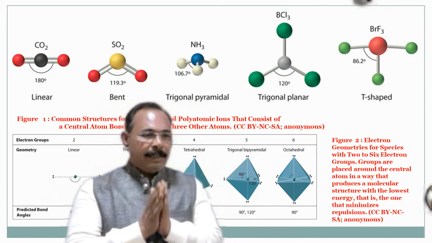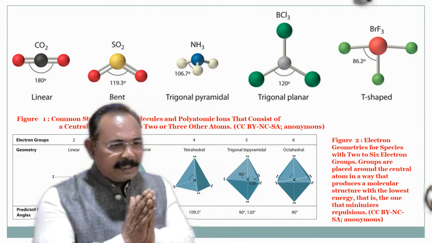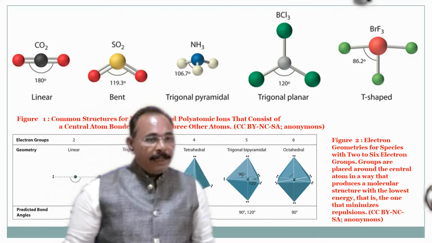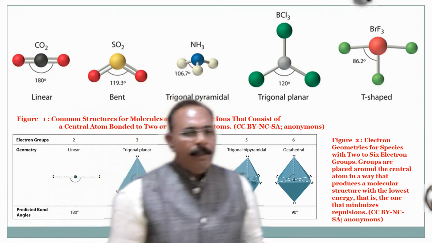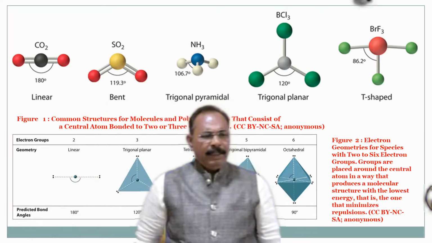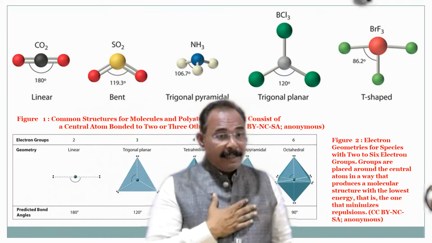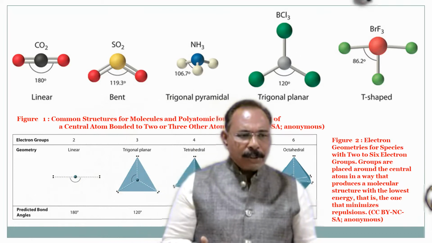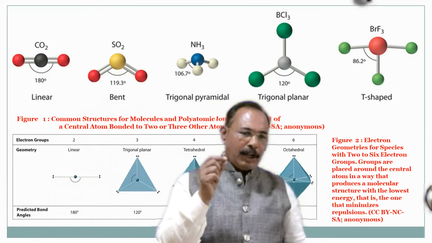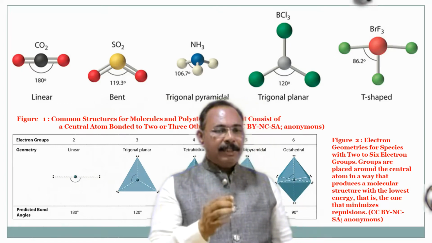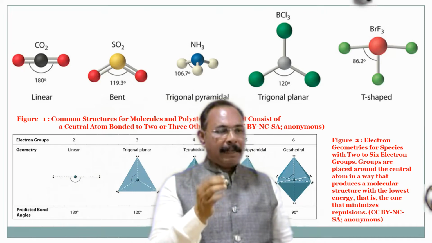However, the simple VSEPR counting procedure accurately predicts the three-dimensional structures of a large number of compounds which cannot be predicted using the Lewis electron pair approach.